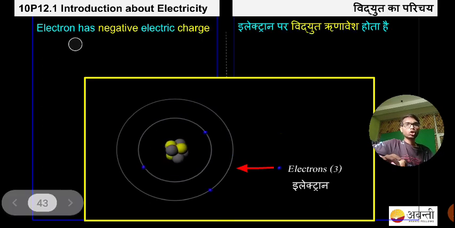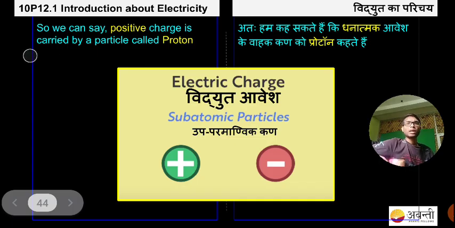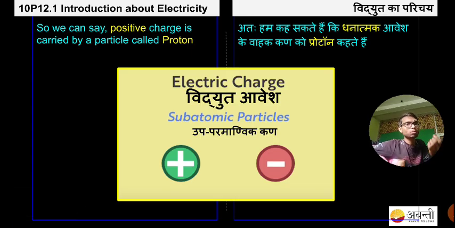Clear? Electron has a negative electric charge. So we can say the positive charge is carried by a particle called proton, and the negative charge is carried by a particle called electron.